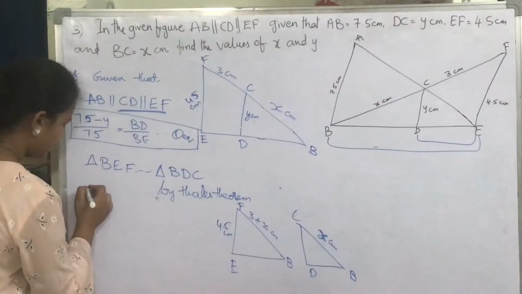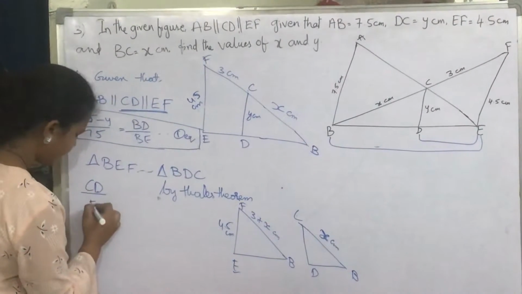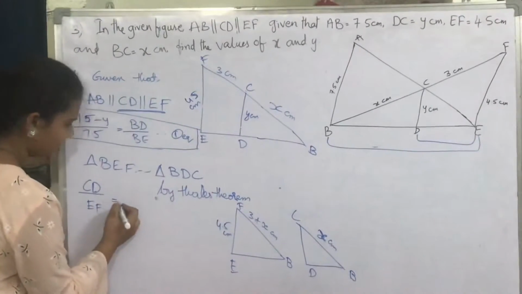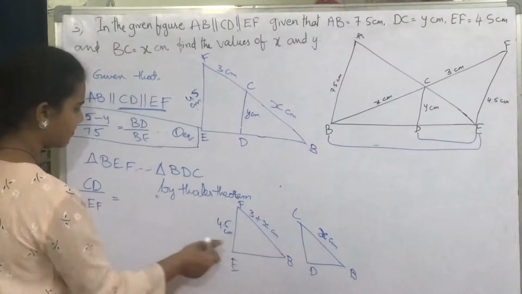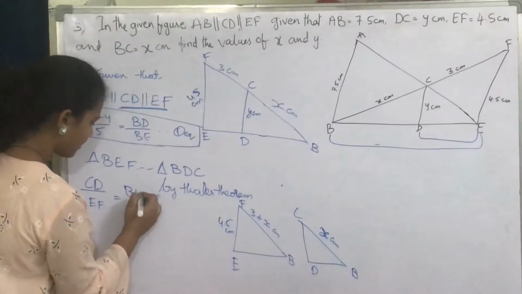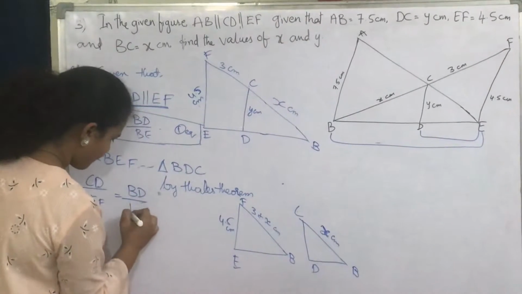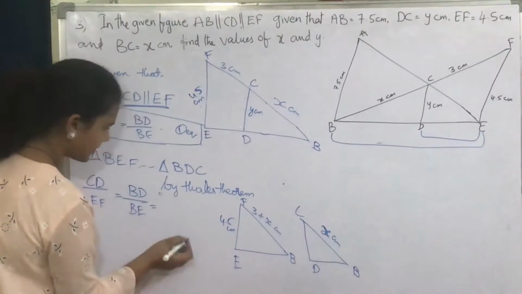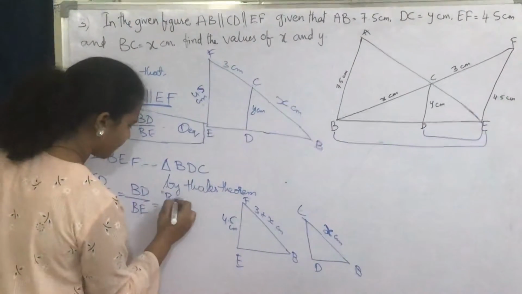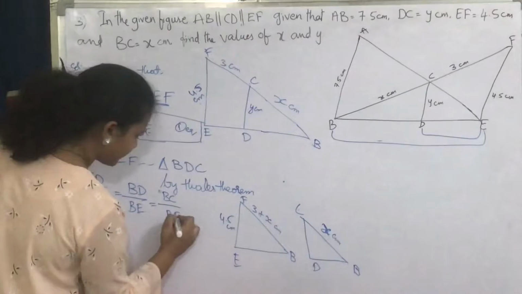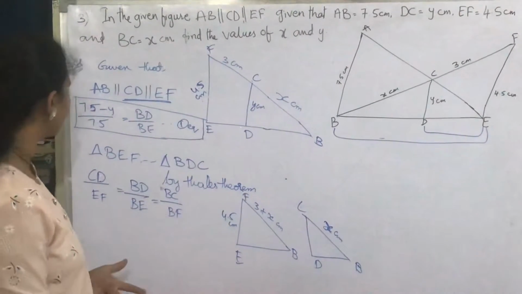So I can select CD by EF equals BD by BE equals BC by BF. I have taken like this where the corresponding sides are equal.